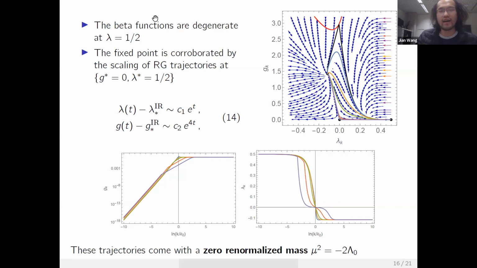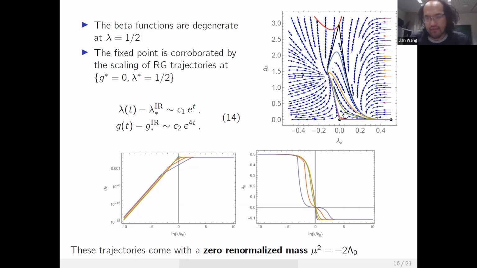So that's why we didn't get this fixed point in the previous calculation. Since the beta function degenerates at this point, the existence of this infrared fixed point needs to be confirmed by analyzing the scaling property of the RG flows at this point.